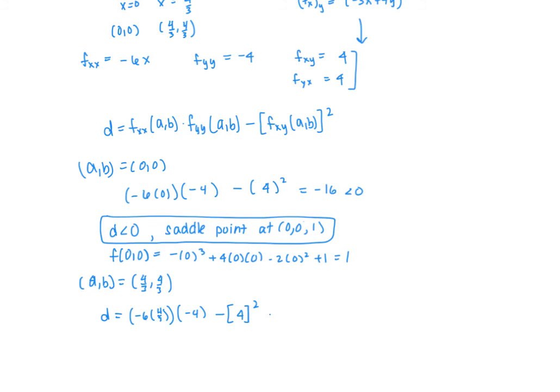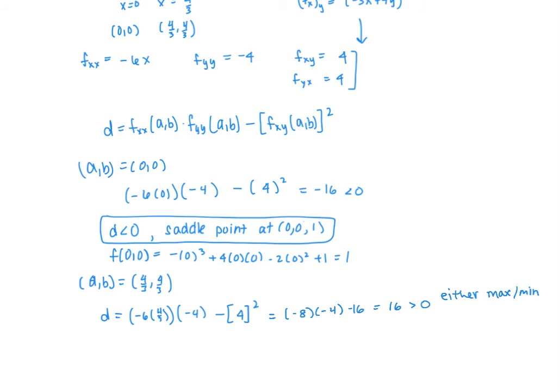When I simplify this, I end up with negative 8 times negative 4 minus 16, which is 32 minus 16, which equals 16. That's greater than 0. That means I'm going to have either a max or a min, since it's greater than 0. And so now I need to check which one it is.